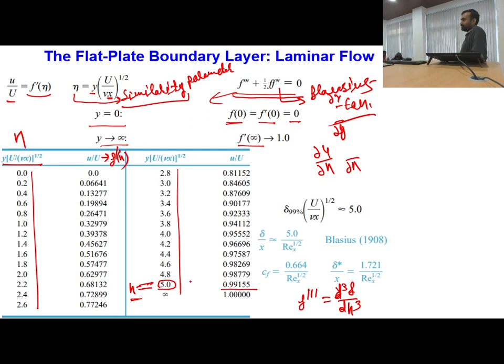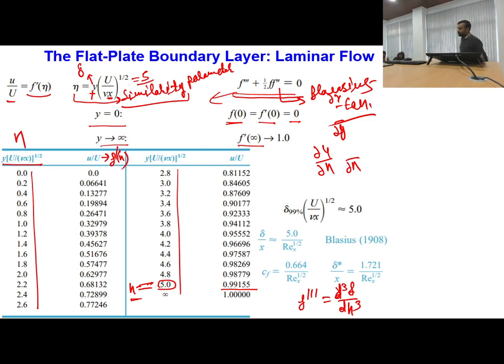Is this point clear? This is the definition of eta. I have equated this equal to 5. If I equate this equal to 5, whatever the value of y I am having corresponding to this, I can call as delta. All are clear with this idea? Okay, this is an important point.